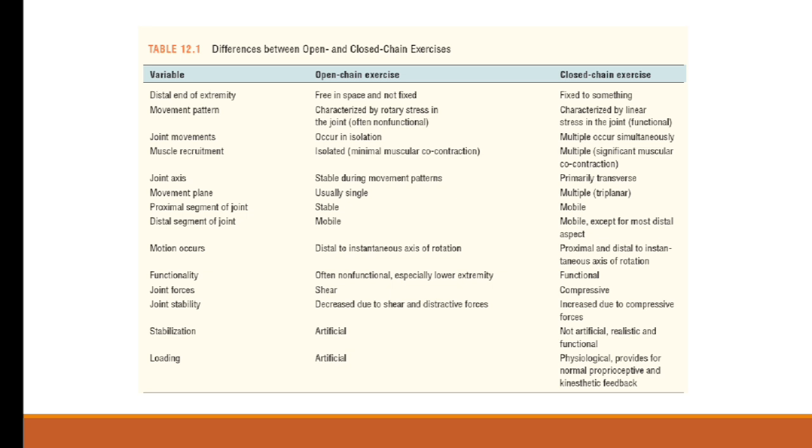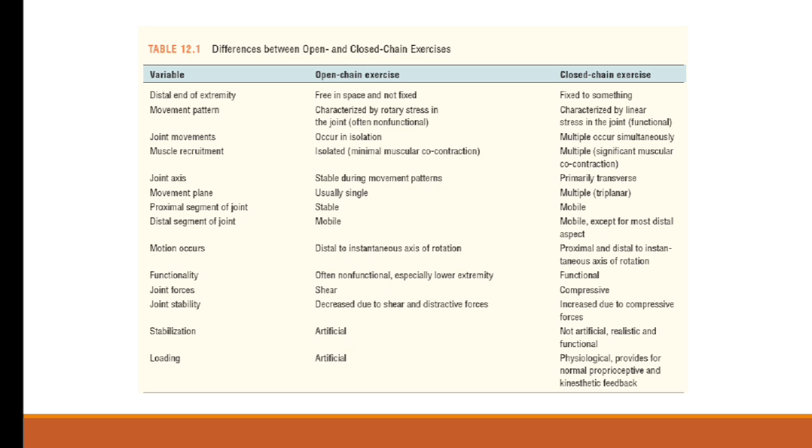Movement plane is usually single in open chain, and it is multiple in case of closed chain exercises. Proximal segment is stable in open chain and mobile in closed chain. Distal segment is mobile, and in case of closed chain it is also mobile. Motion occurs distal to the instantaneous axis of rotation in open chain, and proximal and distal to the instantaneous axis of rotation in closed chain. Functionally, open chain is often non-functional, especially in the lower extremity, and closed chain is functional.